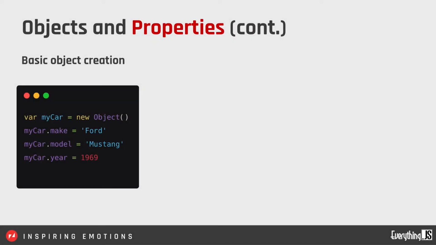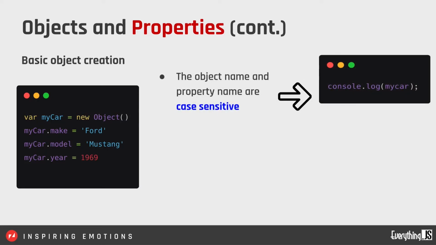And this is a basic object creation. Later we will see how to create objects in a proper way. Here I have created an object and given it three properties. Object names and property names are case sensitive.